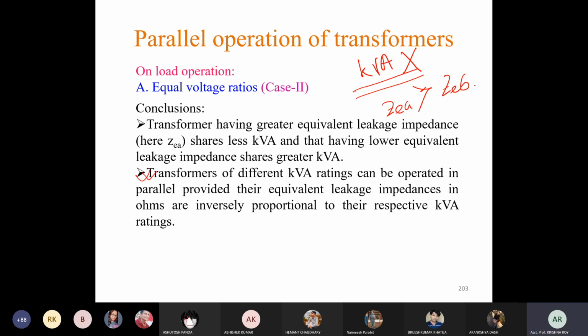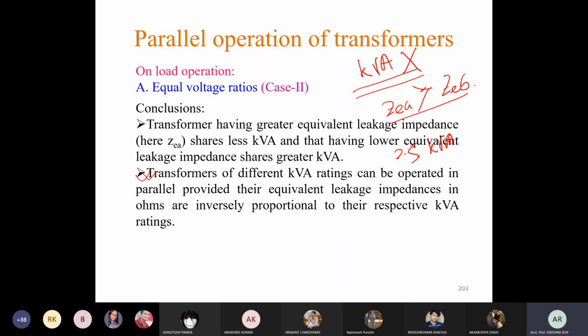But if we take equal kVA ratings, suppose 2.5 kVA rating for each of two transformers, and the load connected is 5 kVA, these two transformers will share the load as per this condition. That means one transformer will share lesser load, another will share higher load, though their power factor remains the same.